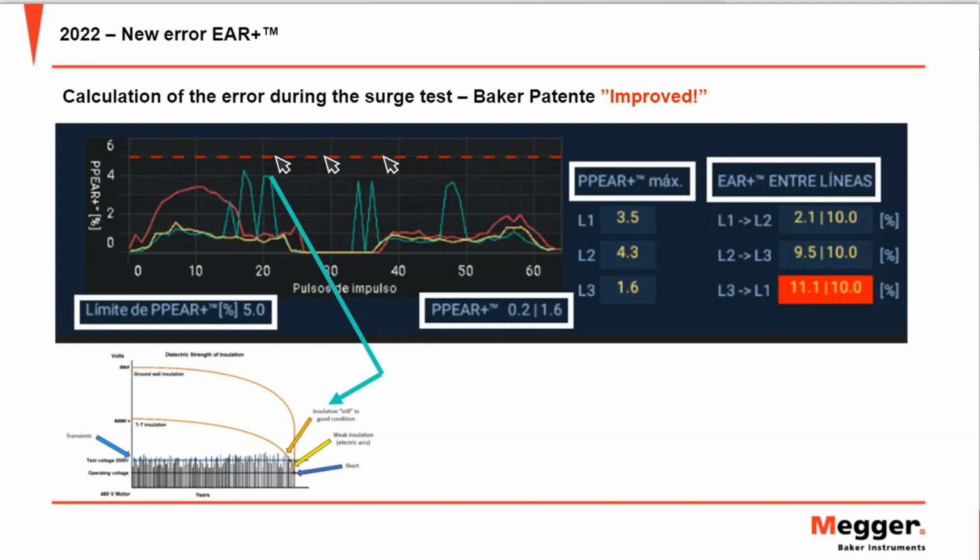And we didn't have any information crossing that threshold. In other words, we have 3.5, 4.3, and 1.6, less than 5%, and that 5% was the threshold.